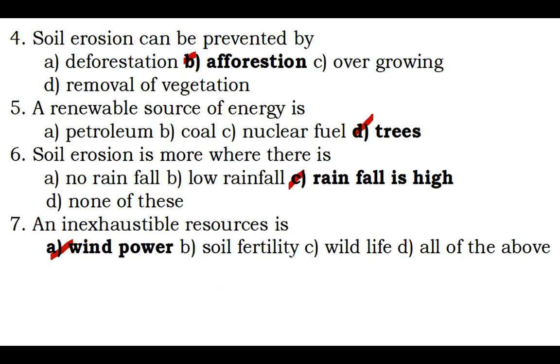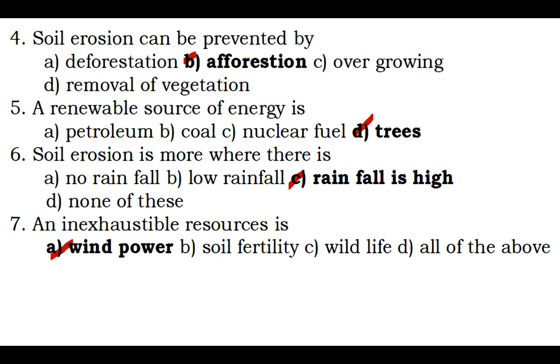Question number 4. Soil erosion can be prevented by. Option B, afforestation. Question number 5. A renewable source of energy is. Option D, trees. Question number 6. Soil erosion is more where there is. Option C, rainfall is high.